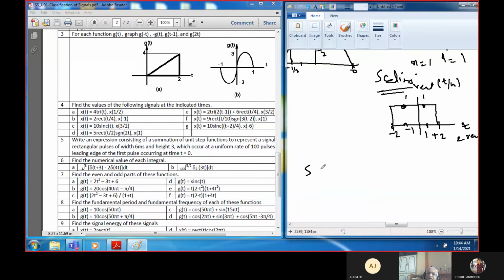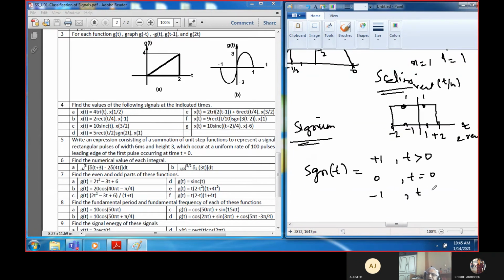Please write down signum SGN of t. Don't write the full name, because you get used to this one. SGN of t is equal to +1 for t greater than 0. No mod here. And it is equal to 0 for t equal to 0, and it is equal to -1 for t less than 0.